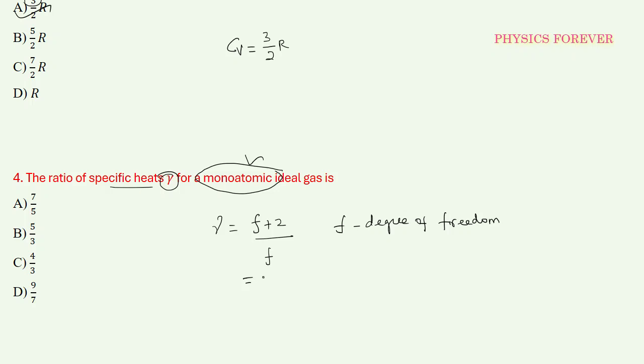For monatomic gases, the degree of freedom is 3. Substituting, we get (3 + 2)/3, which is 5/3. So option C is correct. This is the most important one.